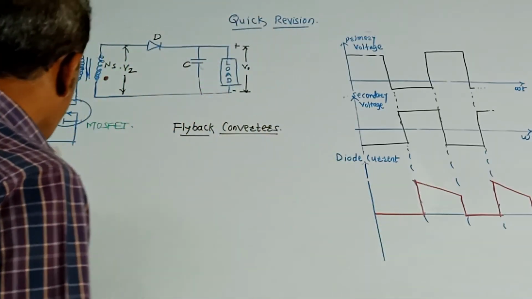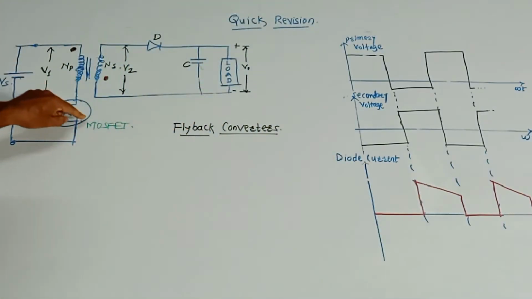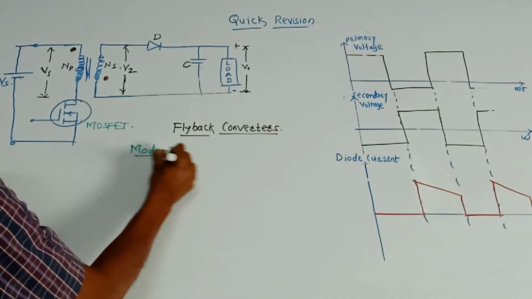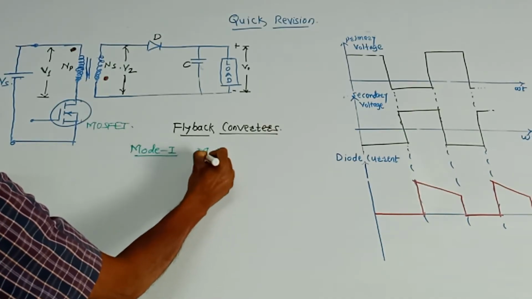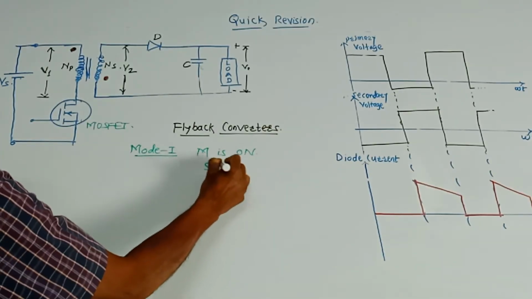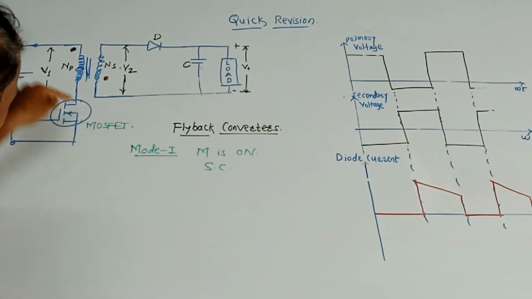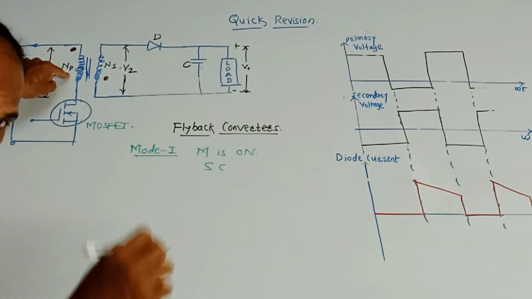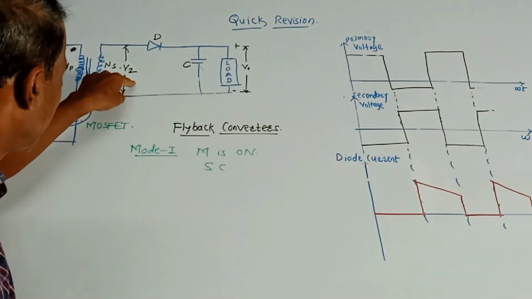Make it simple. There are two modes. First, we will talk about mode 1, that is, the MOSFET M is switched on. Whenever it is switched on, it is acting as a short circuit. Due to the short circuit, the voltage gets induced in the primary as well as in the secondary winding.